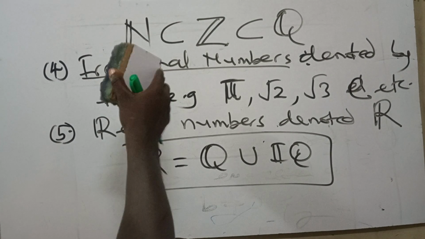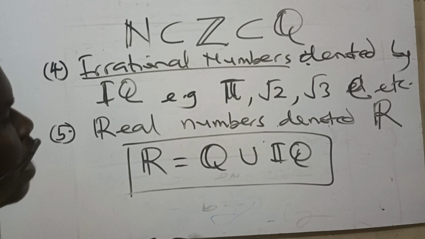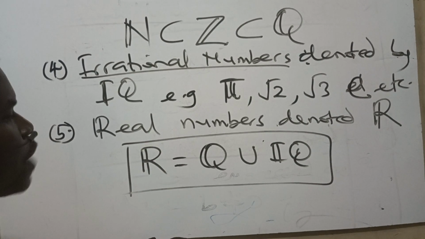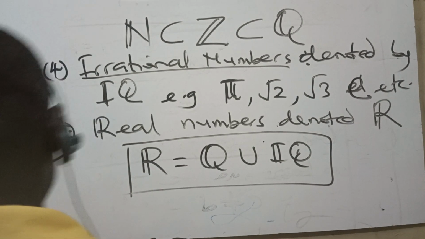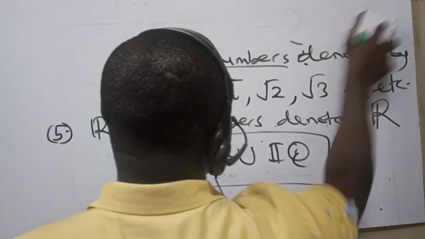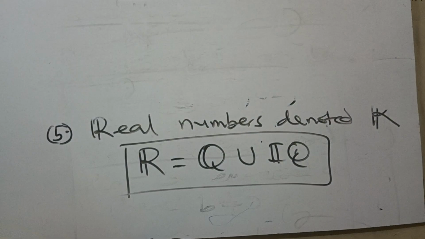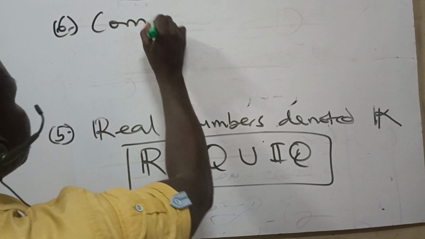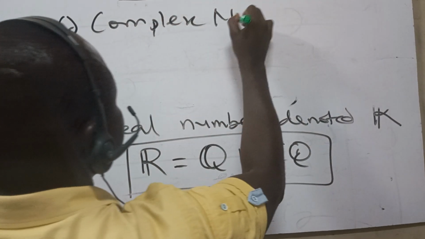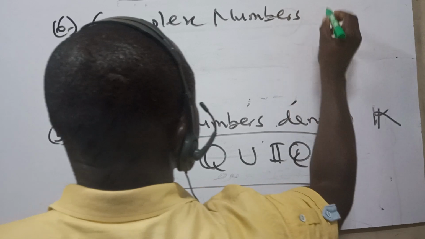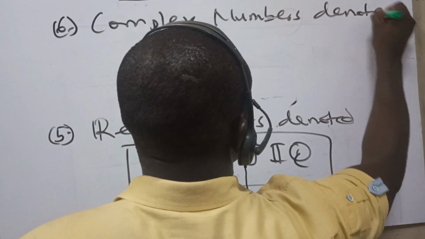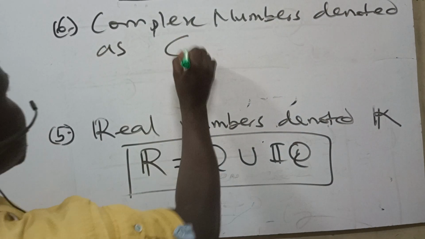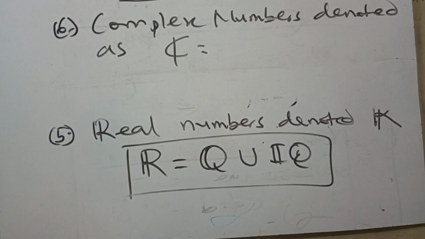Then these are the five sets of numbers that we are introduced to in secondary school. But there's this last set of numbers, though it is not common at the elementary stage, called the complex numbers, denoted as C. So what are complex numbers?